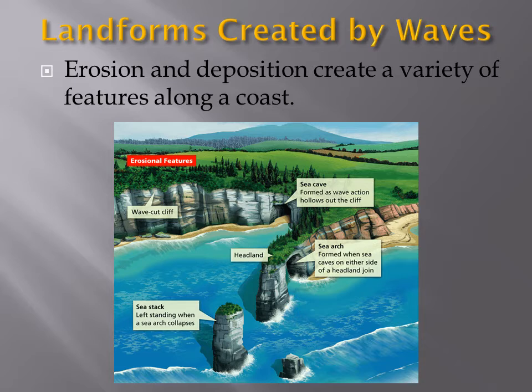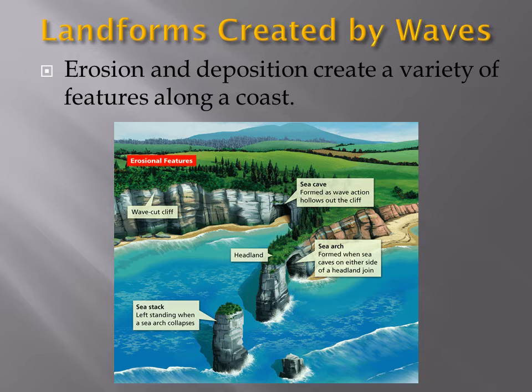Where the rock is softer, the waves erode the land faster. Over time, the waves may erode a hollow area in the rock called a sea cave. Eventually, waves may erode the base of a cliff so much that the rock above collapses. The result is a wave-cut cliff, as shown in this picture.